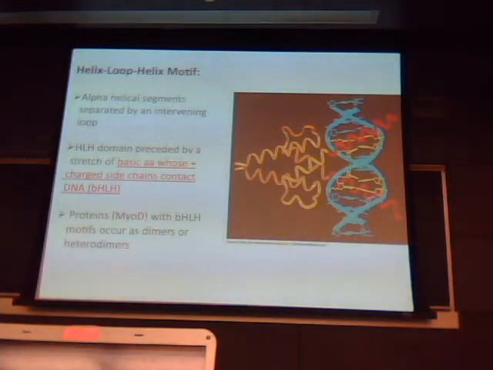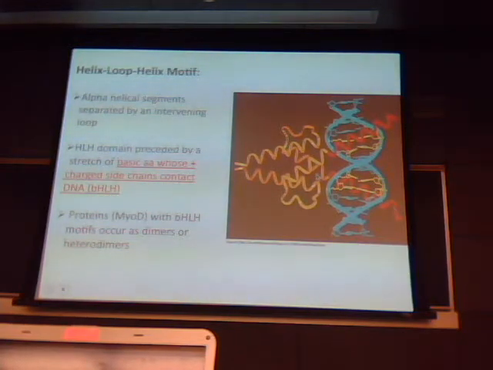For example, just one example that we can see in many DNA binding proteins, they use a motif we call helix-loop-helix motif. So in this case, it's an alpha helix, making a little loop, and then turning around to make another alpha helix.